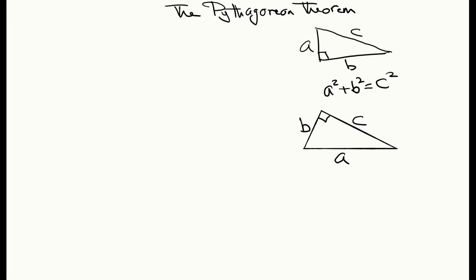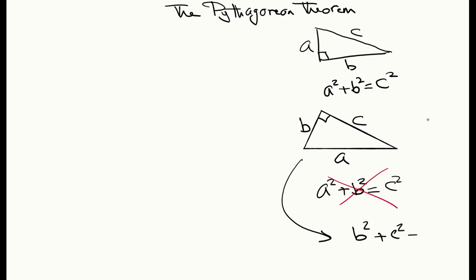Now notice this time, the hypotenuse is A. So if you say A squared plus B squared equals C squared here, you would be wrong. This is why I don't use the A squared plus B squared equals C squared terminology anymore. The correct thing to say for this triangle would be that B squared plus C squared equals A squared.